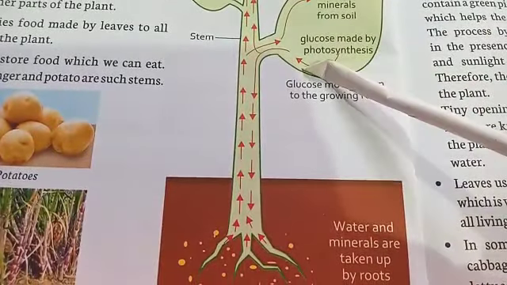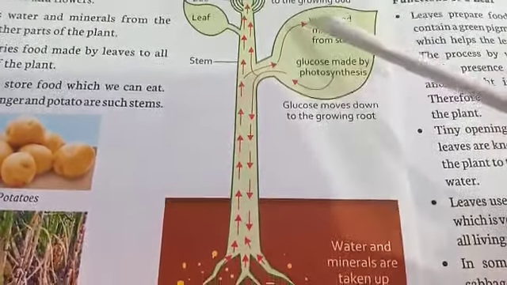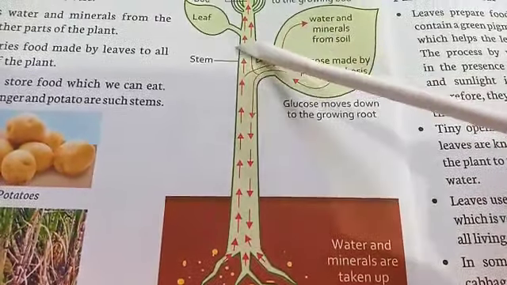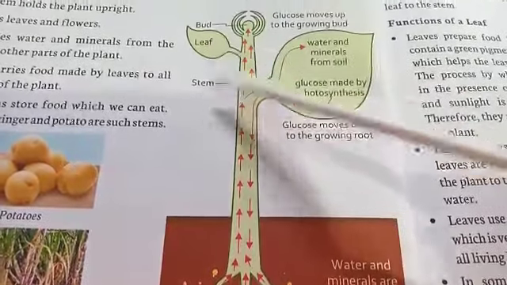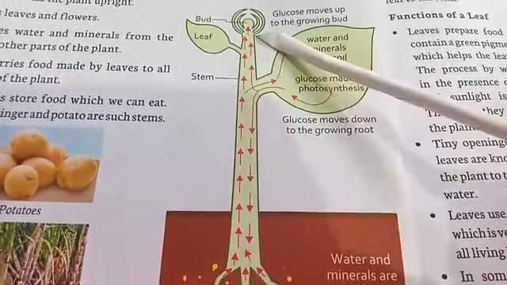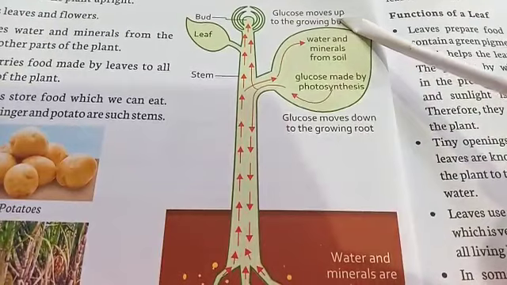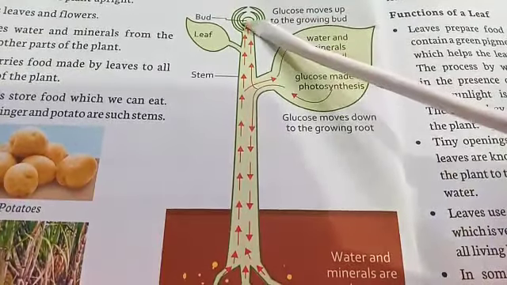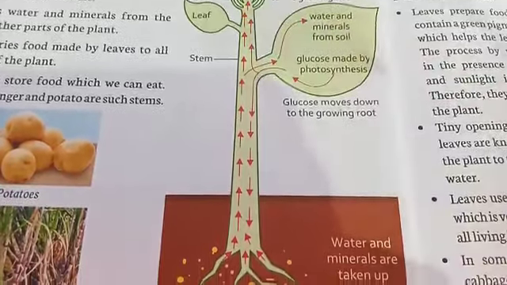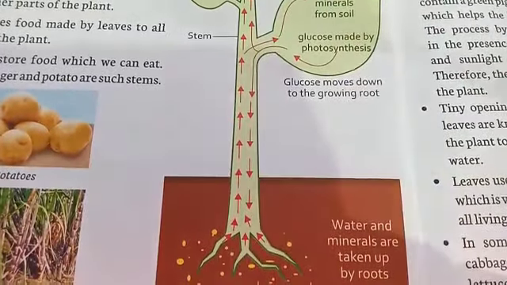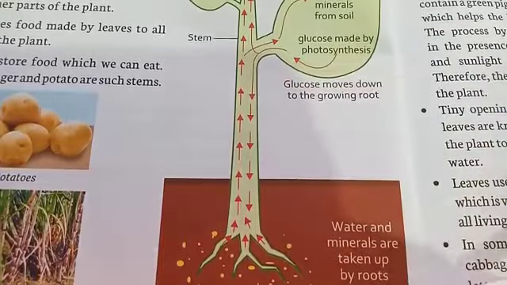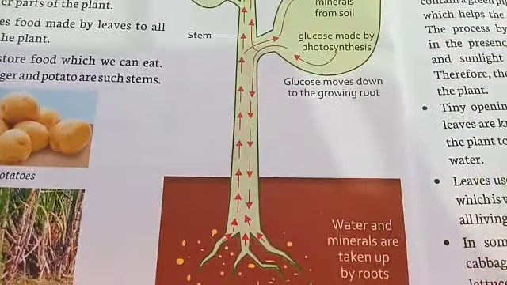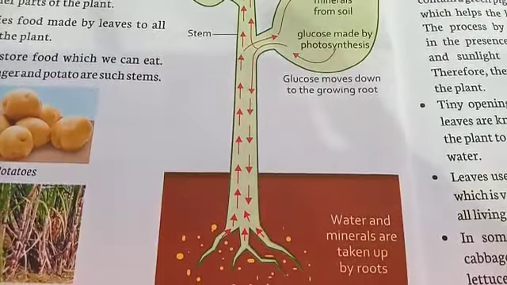Glucose made by photosynthesis in the leaves, water and mineral from the soil it gets, this is the leaf, this is the stem, and glucose moves up to the growing bud. This is the bud. So through this picture the arrows show how the water and mineral is carried to all parts of the plant.